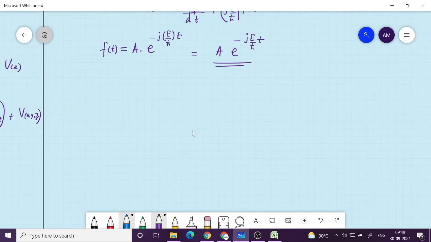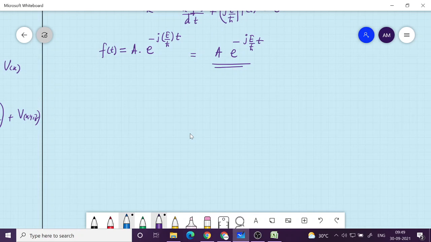Now what is that constant a? So this equation is valid provided we know what is E. So the question is, what is E?